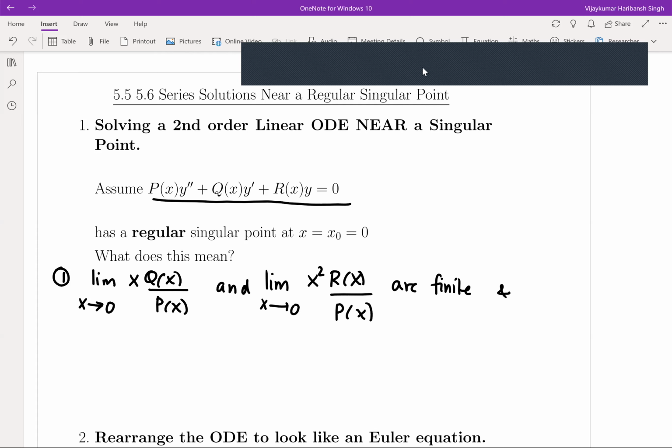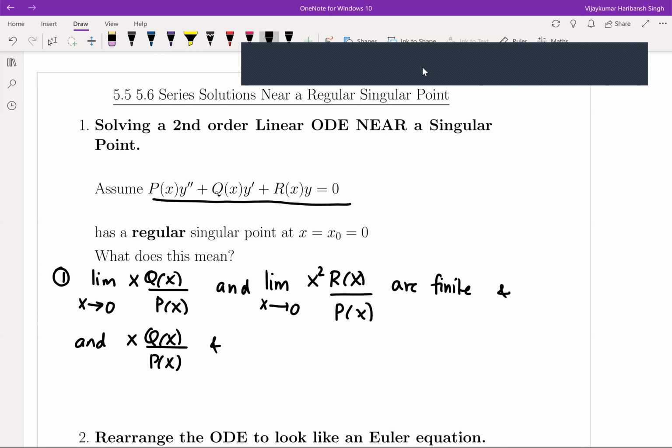And these functions are analytic at x0: x Q(x) over P(x) and x squared R(x) over P(x) are analytic at x equals 0.